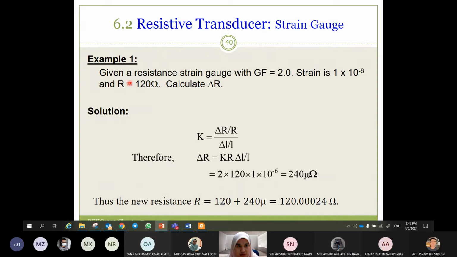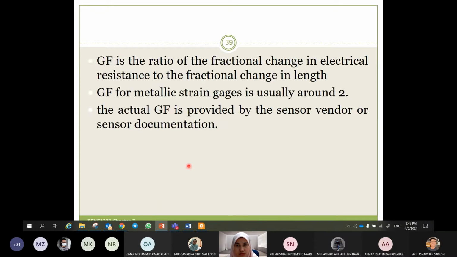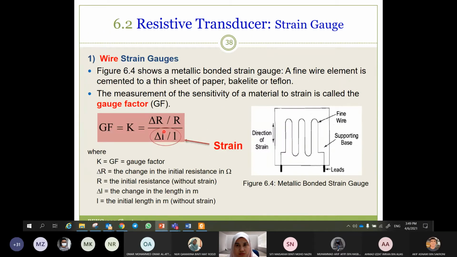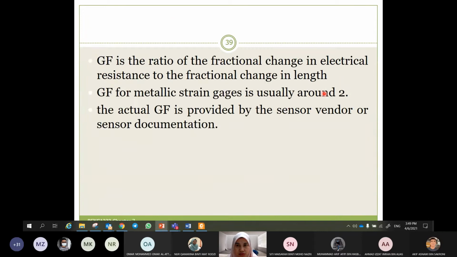So this is an example. Given a resistance strain gauge with GF equal to 2, strain is 1 micro and R is 120 ohm. The unit for strain: there is no unit, because strain is equal to length over length.